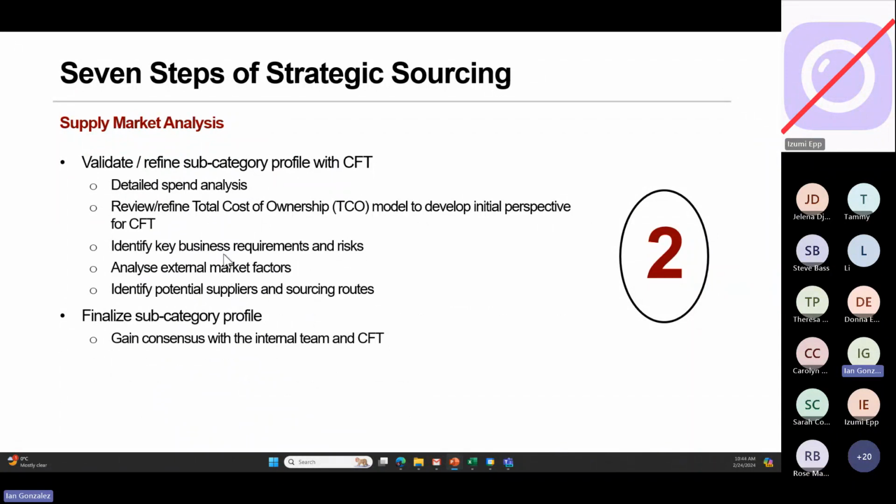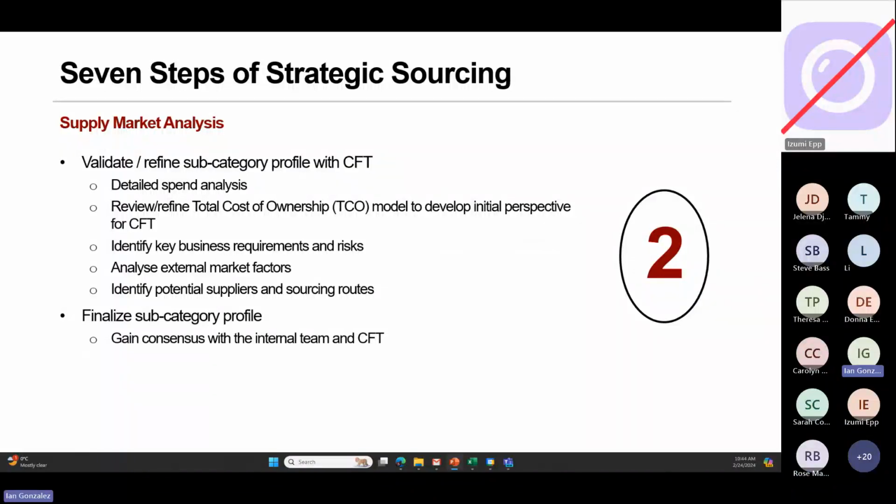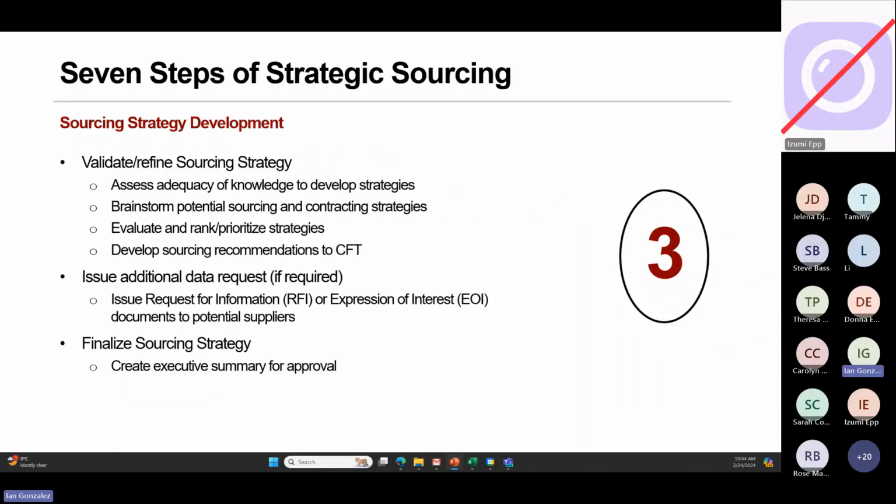Who's out there? How can we reach them? What kind of sourcing routes are appropriate for these new suppliers? That's your final subcategory profile. Okay, again, you can modify this any way you want, but the spirit of the second step is outside your company. The first one is look inside. Second one, look outside.